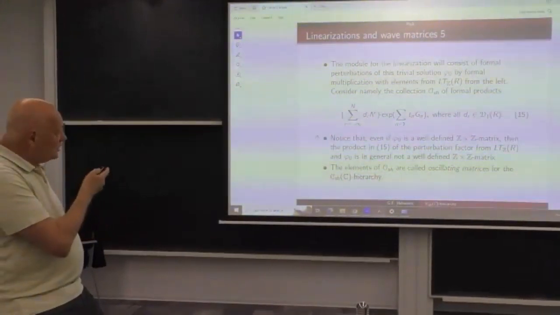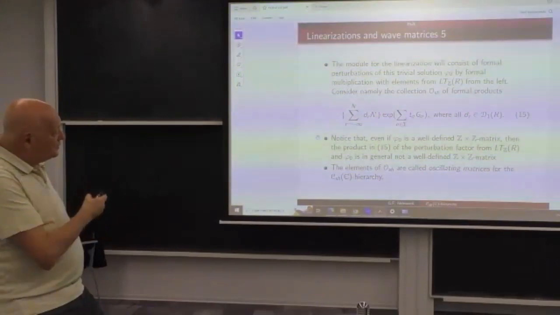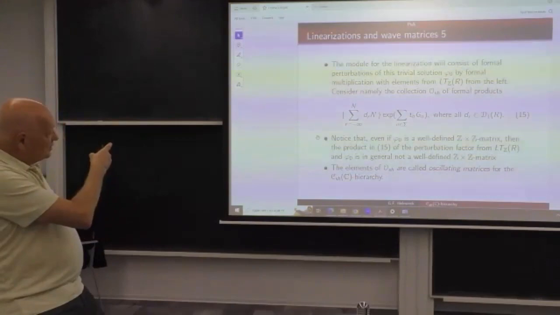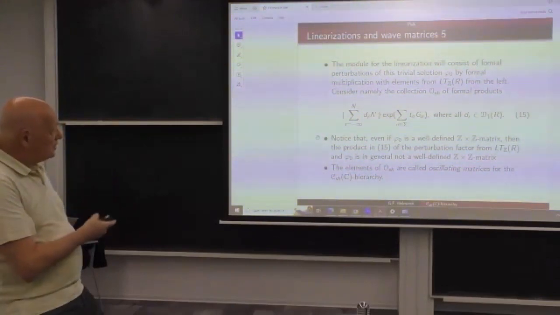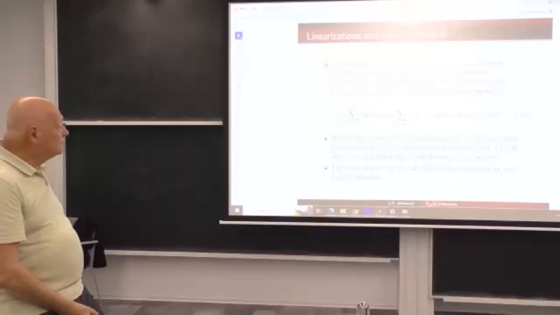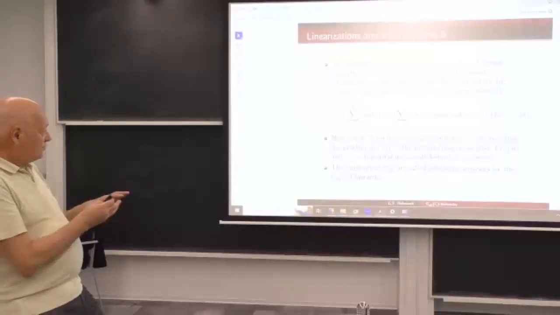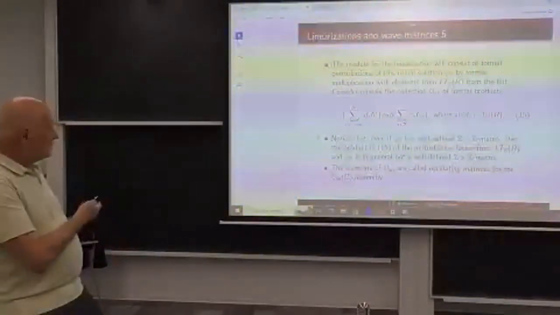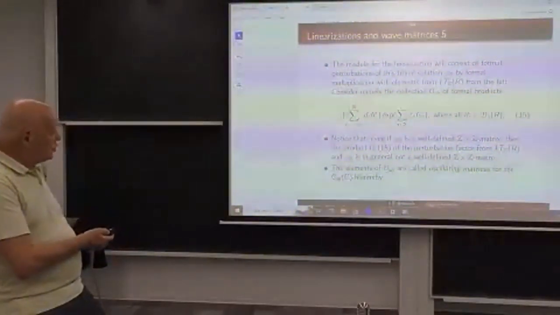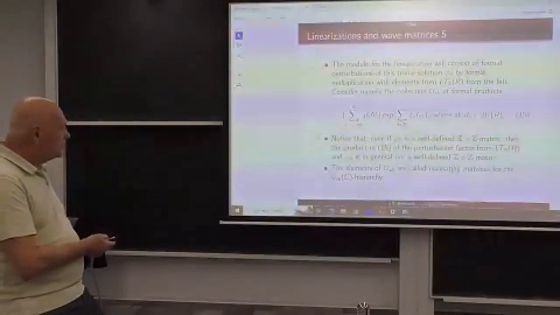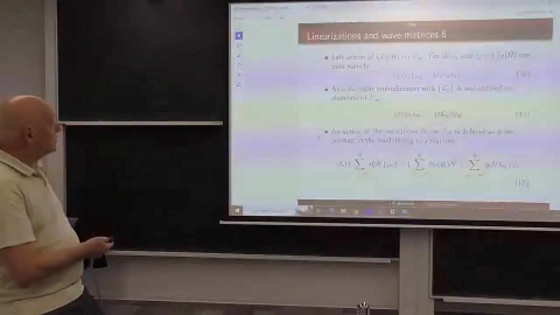And even if this phi 0 is a proper matrix, this product you have to satisfy. For the moment we keep the two factors separate, and the elements of SH are called oscillating matrices for the hierarchy.